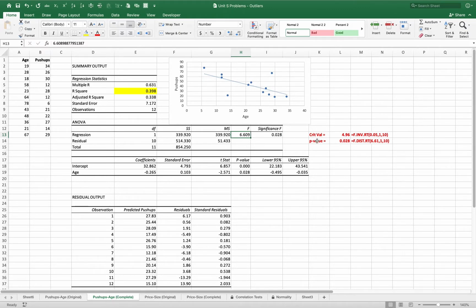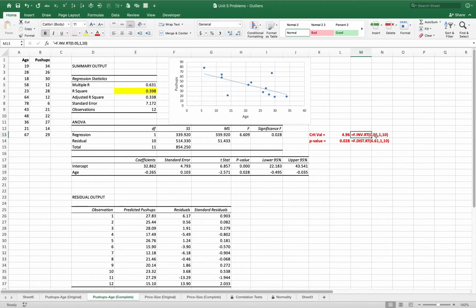Over here, I've got how you would calculate the critical value if you needed it using an F inverse right tail function. And the arguments are alpha, and then your degrees of freedom for your numerator, which is for SSR, which is p, the number of x variables. Now again, this is all going to be talked about in class if you haven't looked at the notes yet, and I might need a day or so in order to get them all up.